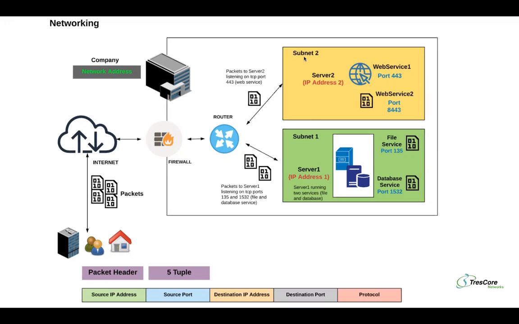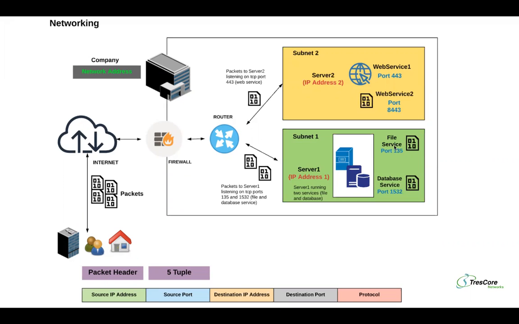So like buildings or floors, you can break it into multiple subnets, and then there may be servers sitting inside a subnet that are running multiple services. One can be a database service, the other can be a file service, right? And in the communication world, TCP or UDP or any network protocol world, the services basically run on their own ports.